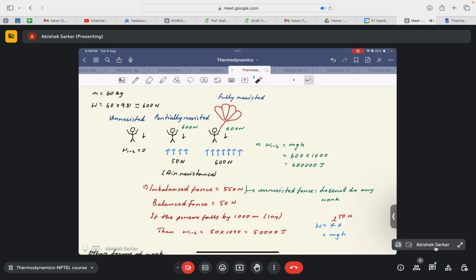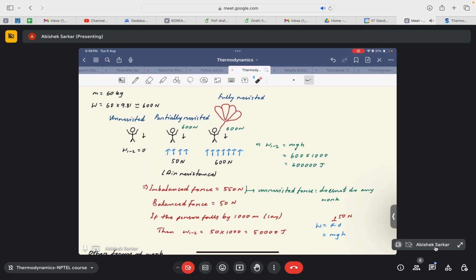In that case, the net drag force F will be equal to 600 Newton. It balances the weight of the person. Then the net work done from 1 to 2 is 600 into 1000, that is the height through which the person falls. Then work done is 6 lakh joules or 600 kilojoules. Okay.